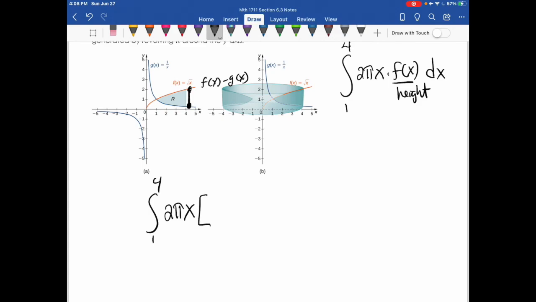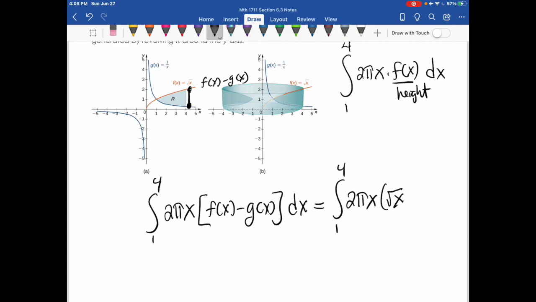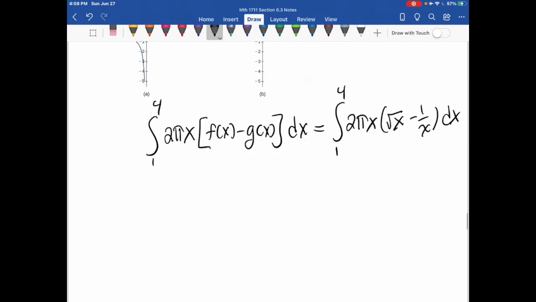So we have the integral from 1 to 4. We have 2 pi x. That isn't going to change. But when we multiply that by the height of the cylindrical shell, we got to take f of x minus g of x because it's the difference between those two functions. Now, since f of x is the square root of x, we're going to put that in, and then we're going to subtract g of x, which is 1 over x dx.